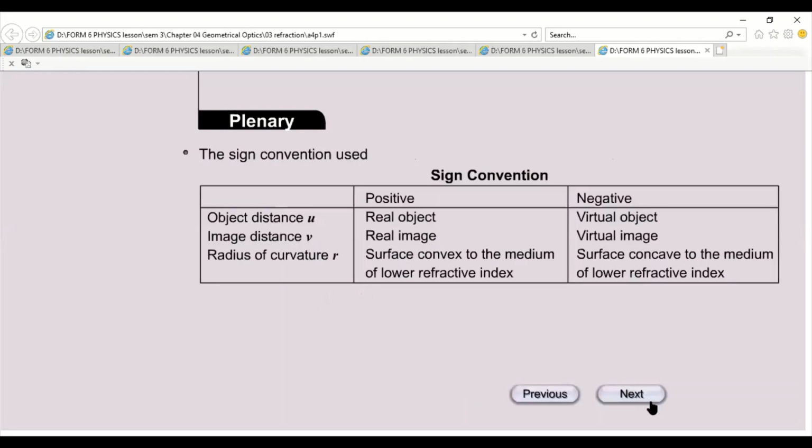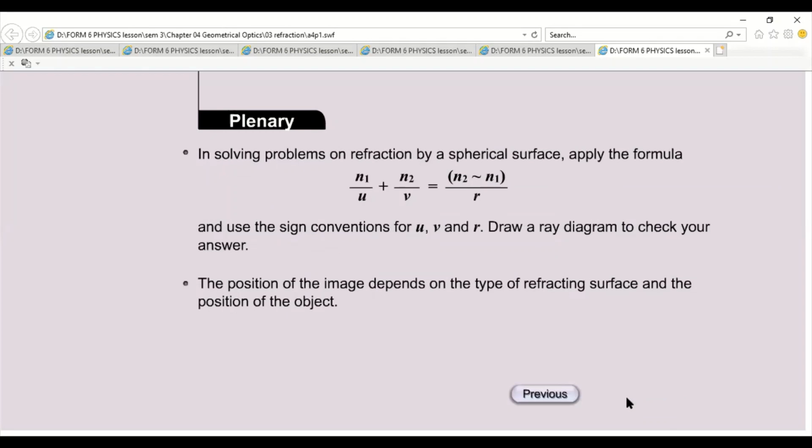The sign convention: object distance u is positive for a real object, negative for a virtual object. Image distance v is positive for a real image, negative for a virtual image. R, the radius of curvature, is positive when it is a convex surface, negative for a concave surface.